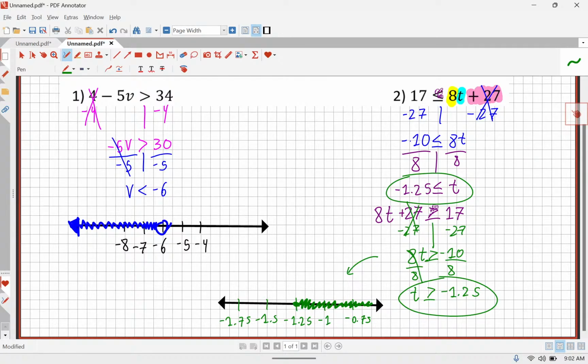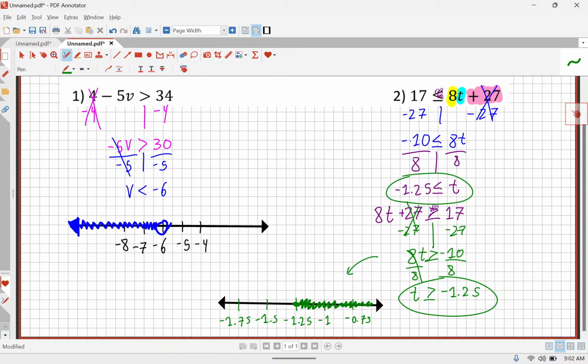When I say is negative 6 less than negative 6, you're like, no. And when I say is negative 1.25 greater than or equal to negative 1.25, you're like, yes, it's equal to it. And then, what's better than owing someone $1.25? A positive $1.25, which lives on that side of the number line. So Melissa, you did that perfectly, exactly the way I wanted to see it.